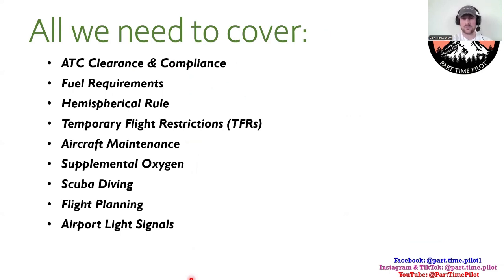Minimum safe altitudes is a bit of a longer one. Maybe one more. And then after that, we'll probably do fuel requirements, hemispherical rule, TFRs. Those are pretty short, as are scuba diving and flight planning. Probably two more after that. That's what we have coming up in this series of live lessons.